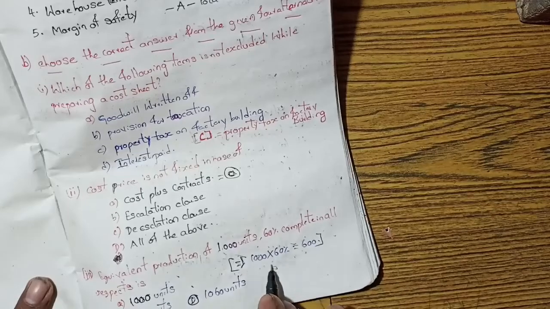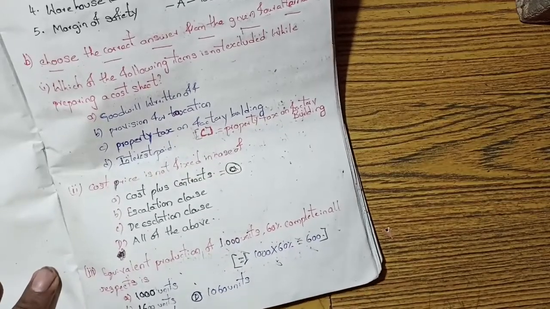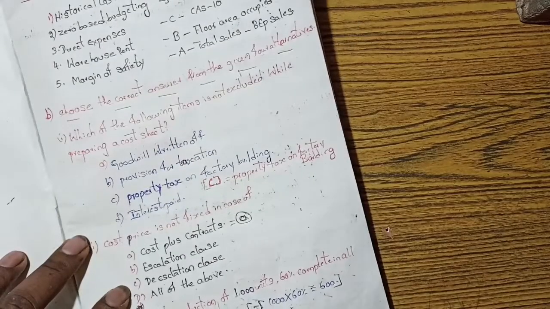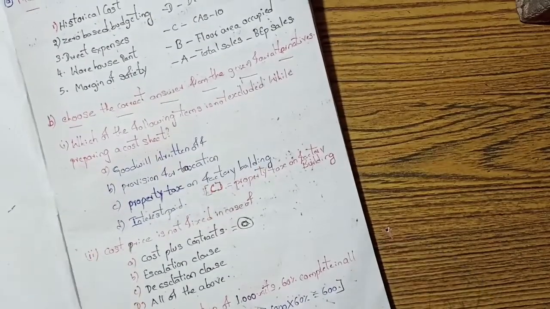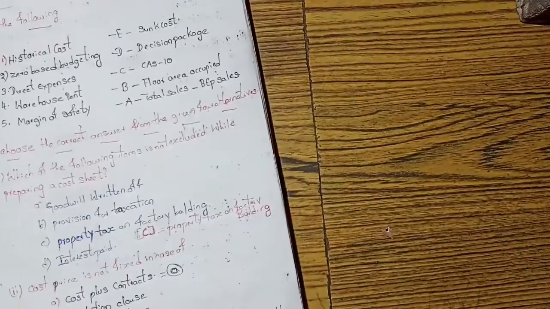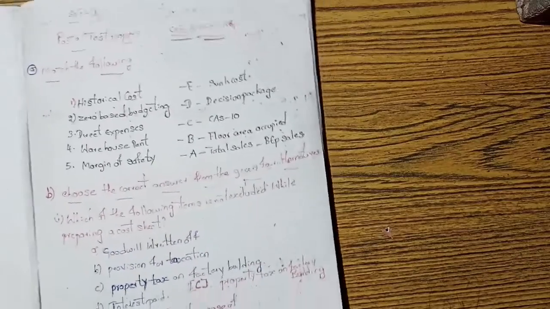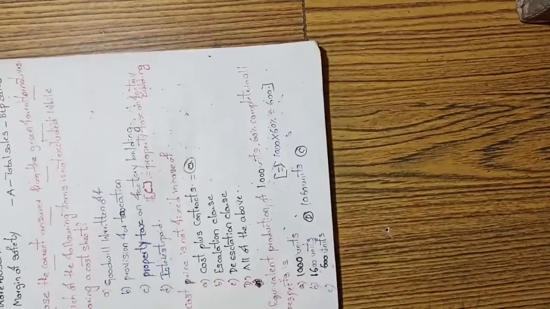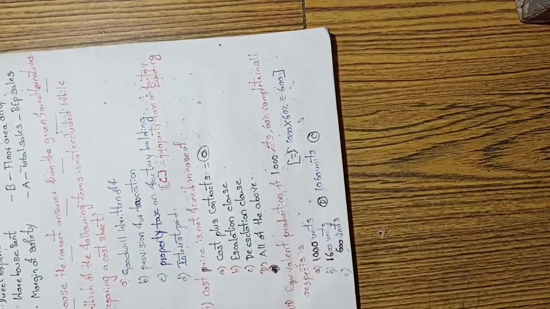So multiply 60 percent into 1000 units, that is 600 units, and choose the option. So 600, option C we have here.